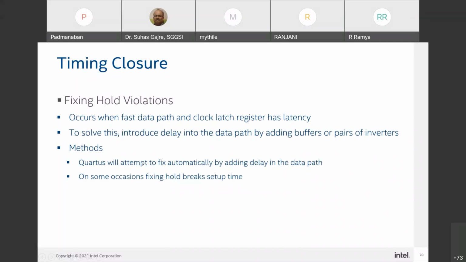Quartus will attempt to fix this automatically by adding delay in the data path, but we should be very, very careful. On some occasions, fixing hold breaks the setup. So when you are fixing the hold, that should not affect setup time. We should be very, very careful with that.